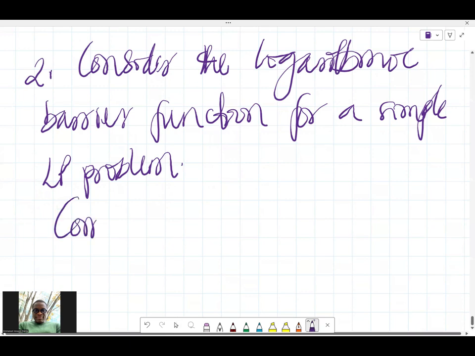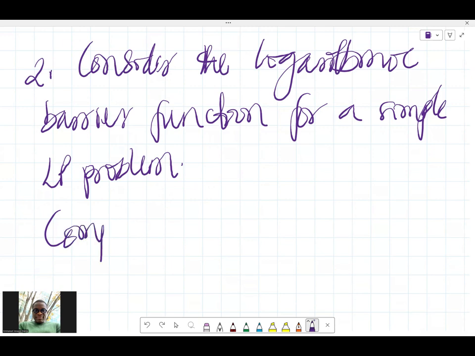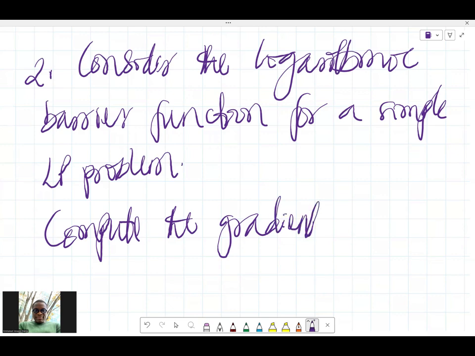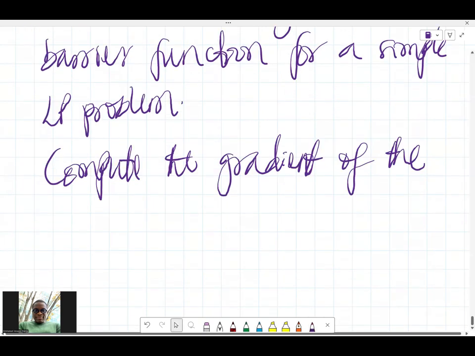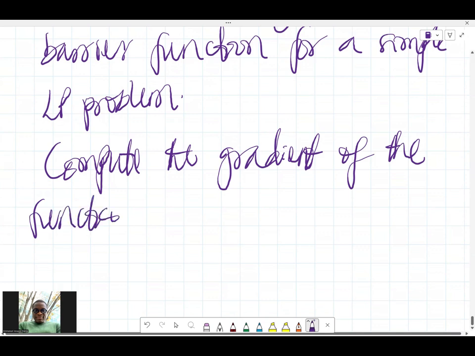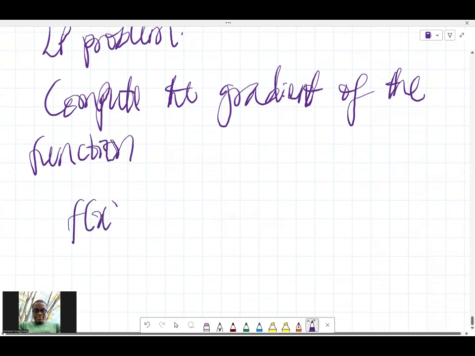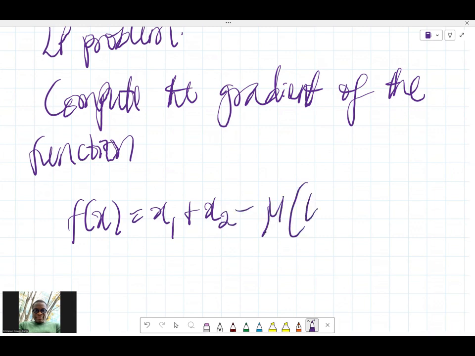So compute the gradient of the function f of x equals x1 plus x2 minus mu into log x1 plus log x2. So that gives a very good instance of a barrier function.